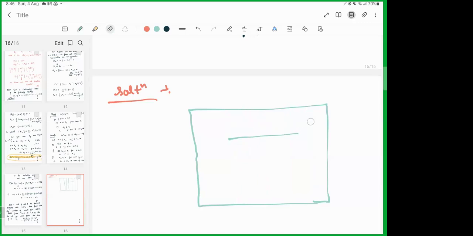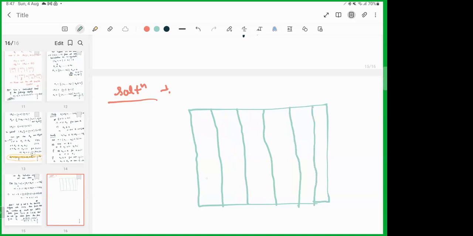Let me do this. So this is the line p equals q line, right?